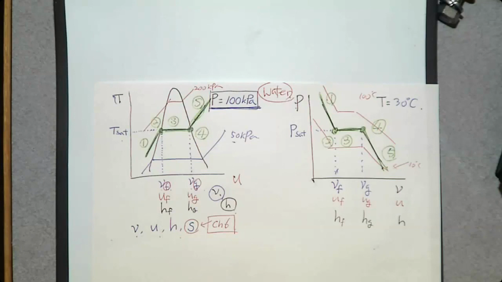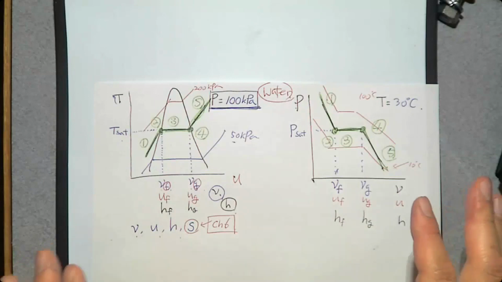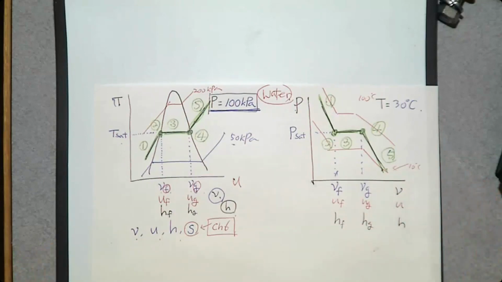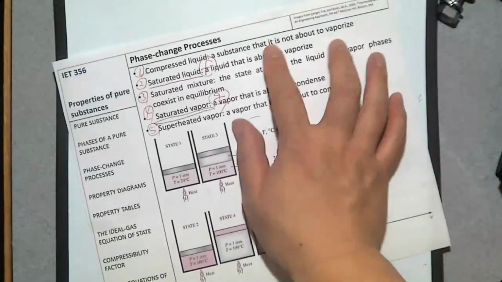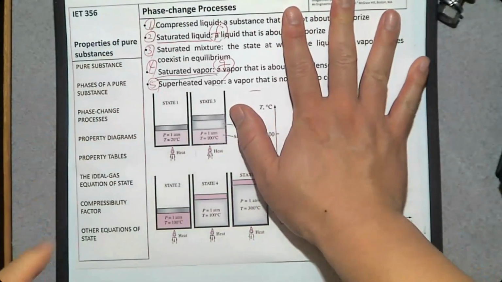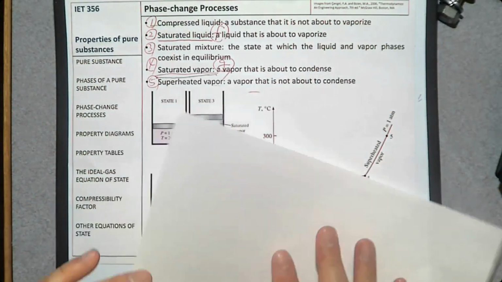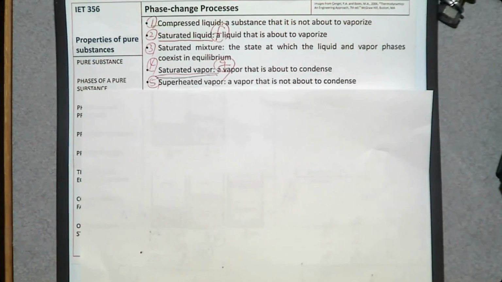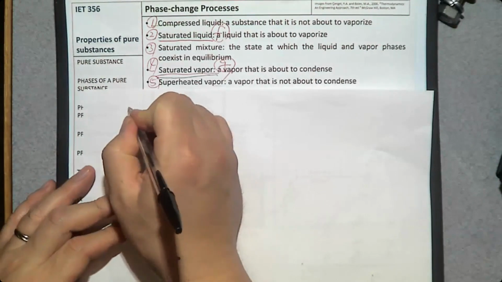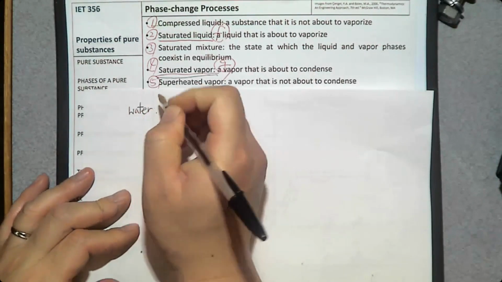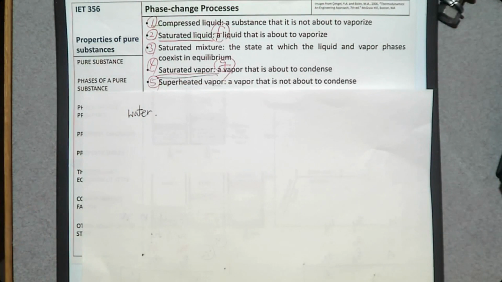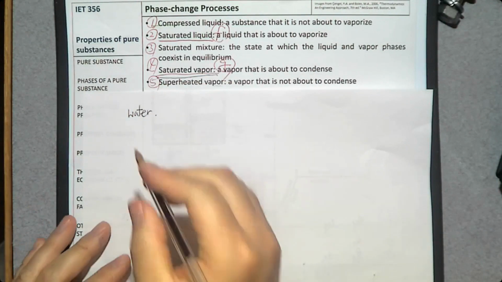So that's everything about how to make PV and TV diagrams, or PU, PH. Then let's see how we can use these phase diagrams to determine the phase change process from 1 to 5. Let me give you an example. Let's say I have a water system and I wasn't able to measure the pressure of this water.